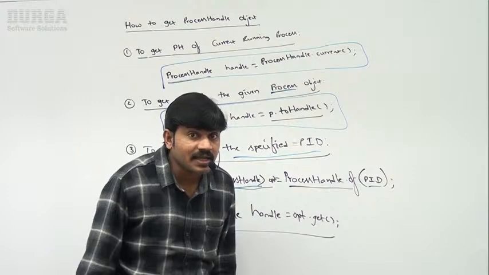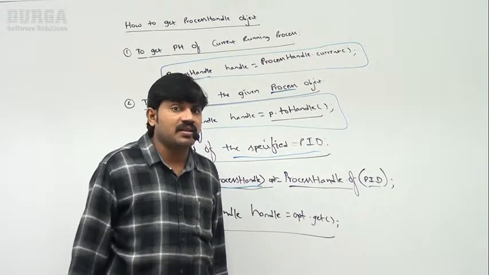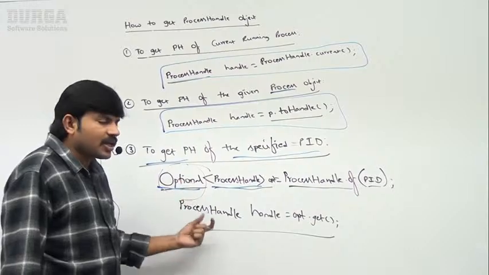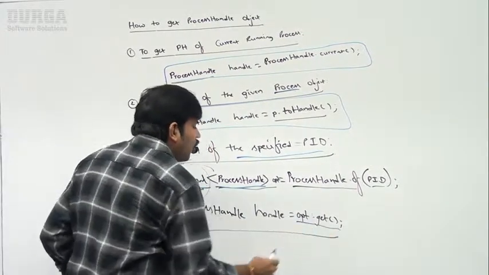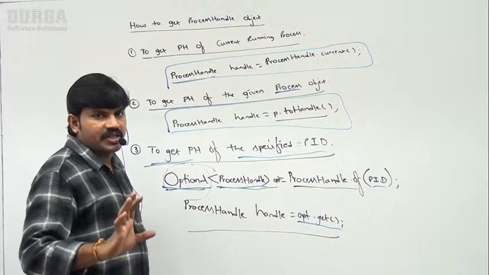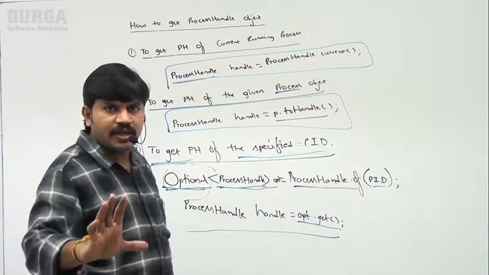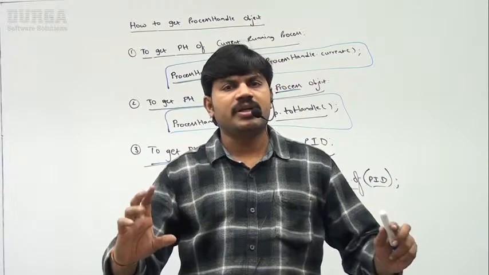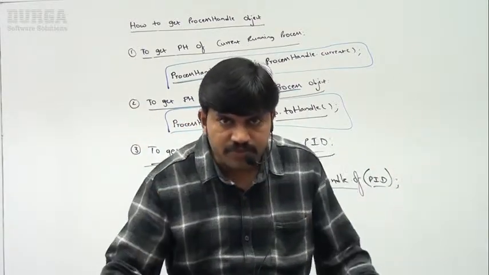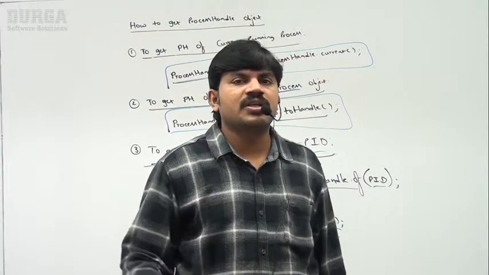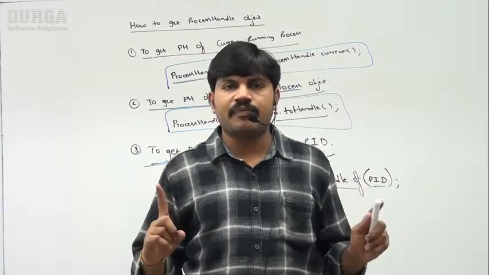If it doesn't exist, where is the question of a ProcessHandle? That's why it is compulsorily Optional. Once you got the optional, to get the ProcessHandle from it we require the OPT.get method. Are you able to understand, right? Sir, I'm telling how to create or get the ProcessHandle object. Next, how to use this, slowly we are going to discuss in multiple cases. Clear for all of you after this?